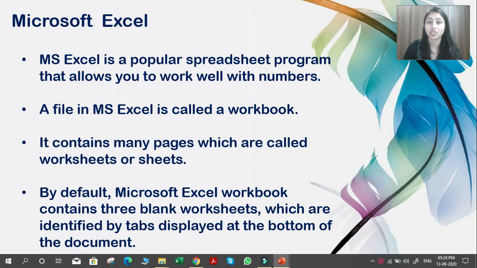worksheets or sheets. By default, a Microsoft Excel workbook contains 3 blank worksheets which are identified by tabs displayed at the bottom of the document. Okay, let's see in practical what is a workbook, what are worksheets, and the 3 tabs of worksheets.